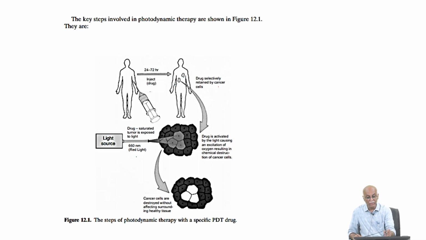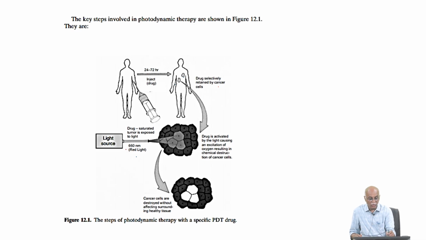So, selectively this drug will get located wherever there are cancerous cells. It may take a few hours or a few days, 1 to 2 days after injecting, for the drug to selectively get attached to the cancerous cells.